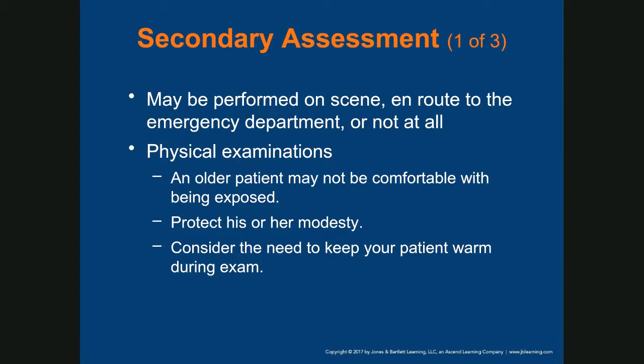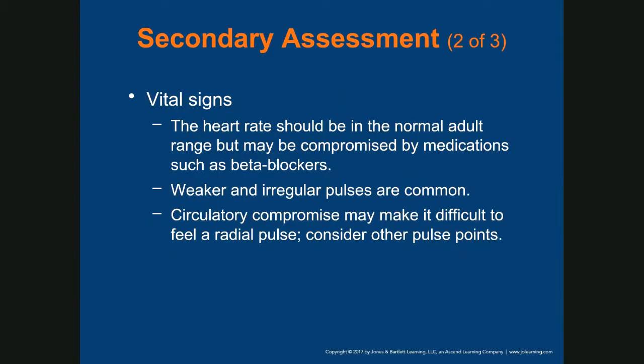Physical examinations. An older patient may not be comfortable with being exposed. Protect his or her modesty. Consider the need to keep your patient warm during exam. For your vitals, the heart rate should be in the normal adult range, but may be compromised by medications such as beta blockers, which is a blood pressure medication.